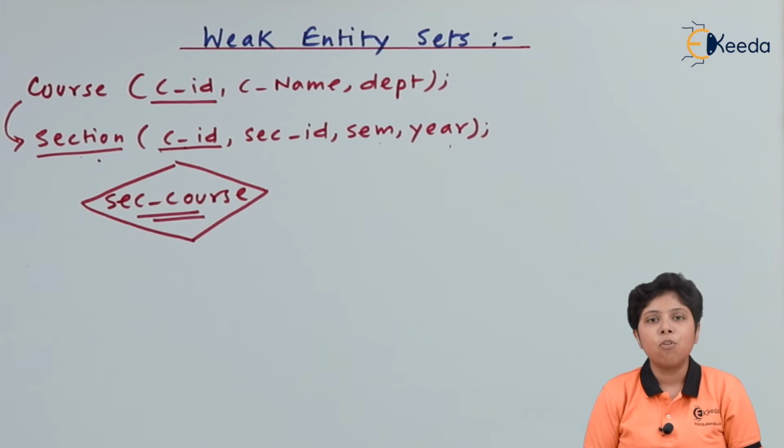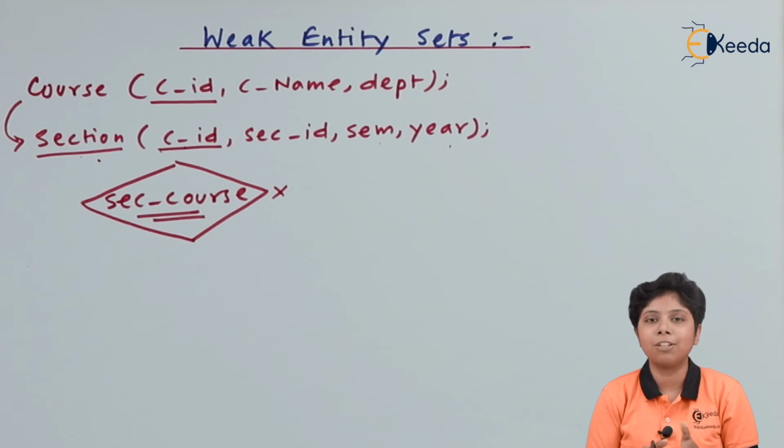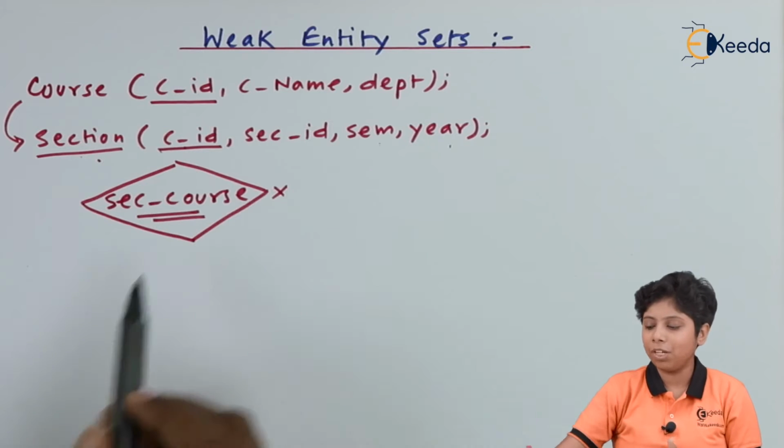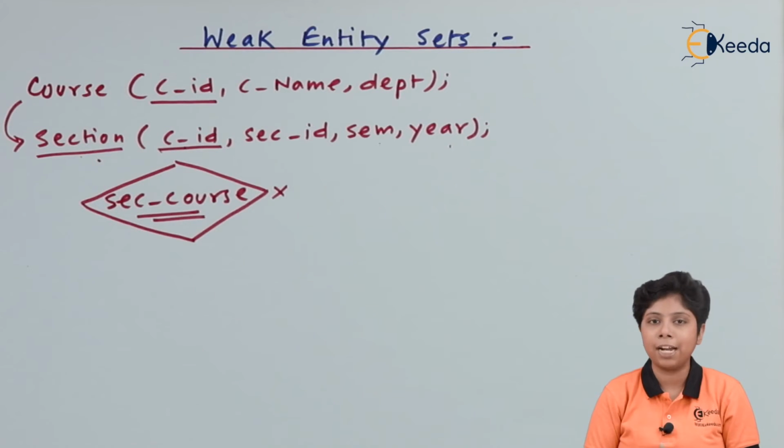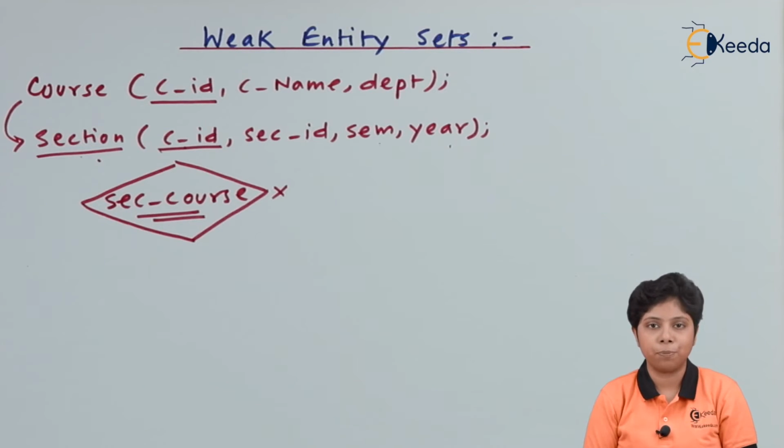Now what to do? We can do one thing: we remove this relationship sec course, but then we have the sec course as an attribute. As for the designing process of an ERD, we have mentioned that we can change the relationship to an attribute or choose an alternative between them, so that we can have sec course as an attribute or another relation to the section and course both, so that we can know which section is referred to which course.